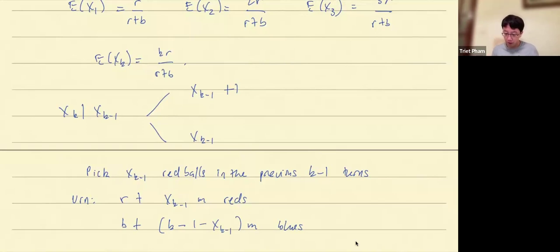So therefore, the probability that you will pick a red will be this ratio.